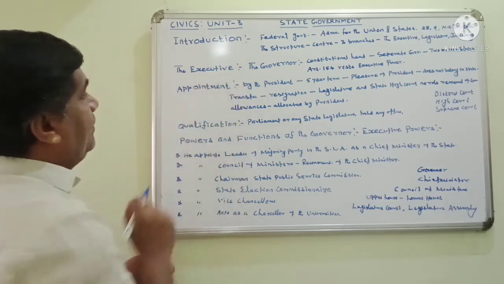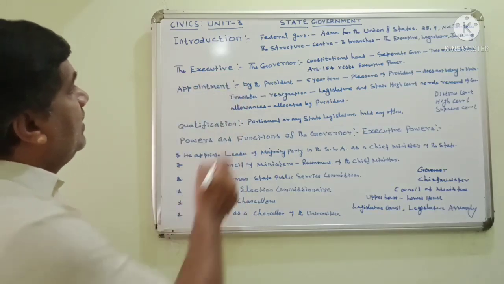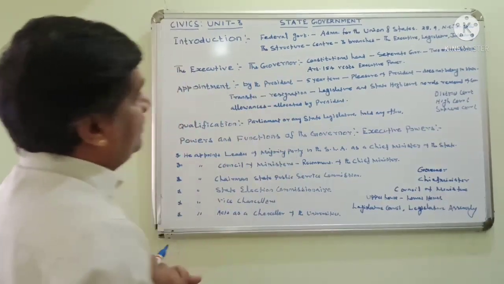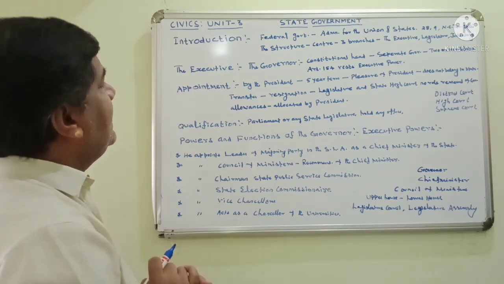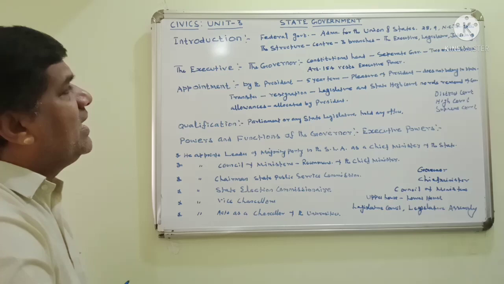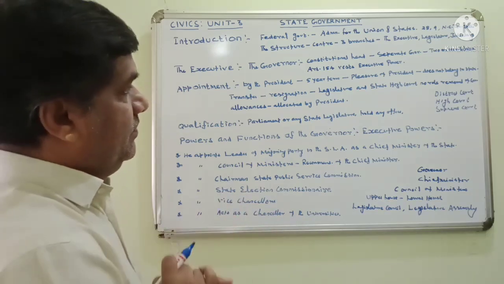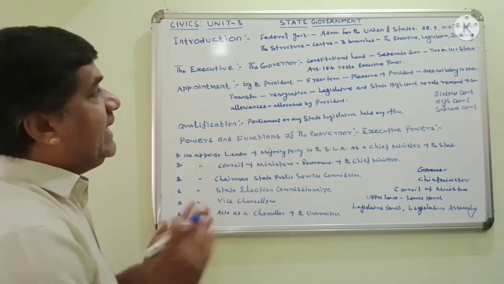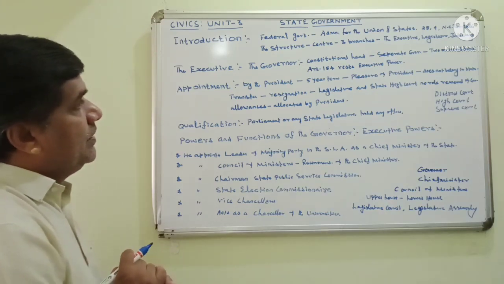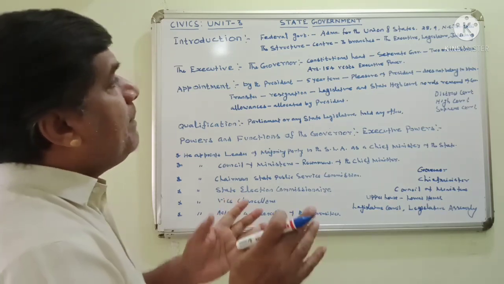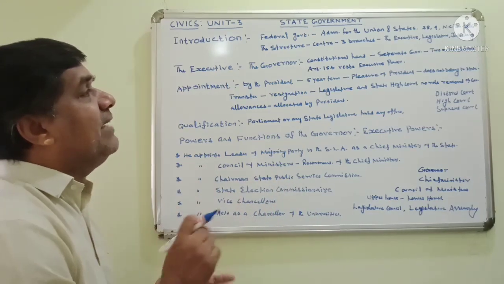The executive. First one, the governor. The governor is the constitutional head of the state. There are separate governors in each and every state.